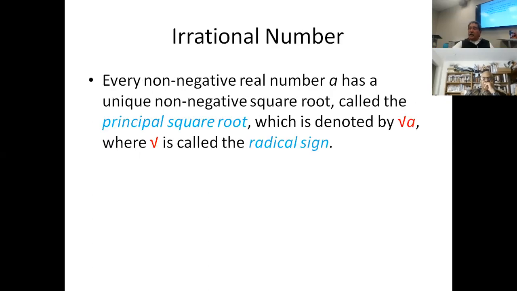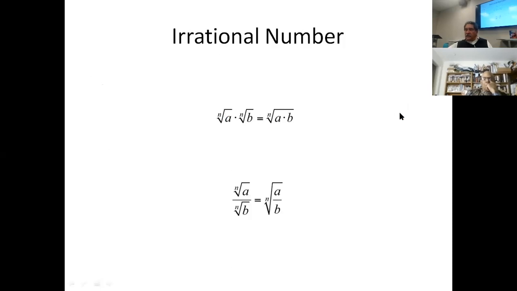Now, every non-negative real number, A, has a unique non-negative square root. We are talking about the principal square root, which is written like that, and this sign is called the radical sign. For example, the square root of 4. Can you tell me what's the square root of 4? 2, exactly. So if I have an irrational number, the square root of 2, this is the root.